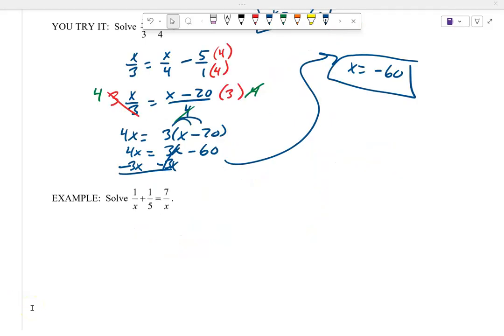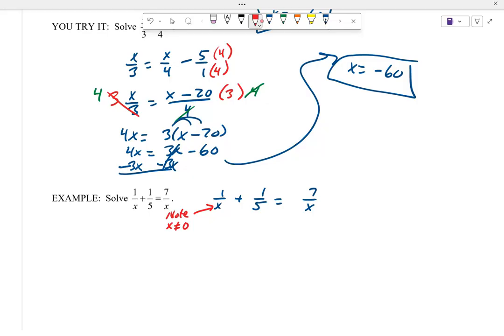Hopefully you're looking at this next one thinking, I've got to get a common denominator of 5x on the left-hand side. So we've got 1 over x plus 1/5 equals 7 over x. I would note right away, if you've got a variable in the denominator, note that x cannot be 0 here, because we cannot divide by 0.